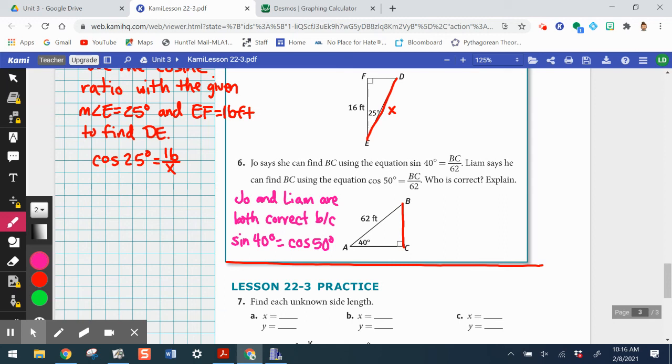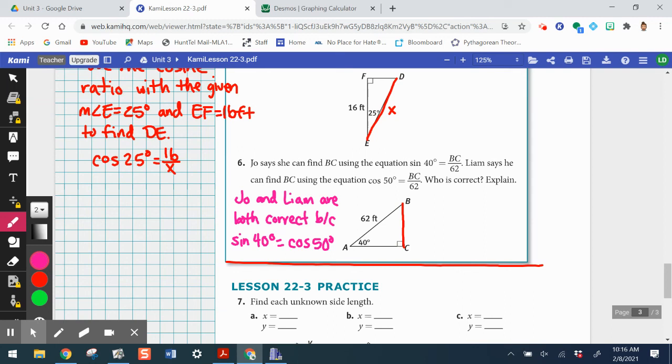Well, if you're asking yourself, where is the 50-degree angle? Hopefully you know now it's here at angle B, because if this angle is 40, this complement has to be 50. And so Liam says I can use the cosine of 50 because BC is the adjacent side to that 50-degree angle, and Liam is correct there. And AB is the hypotenuse to that angle. And again, Liam is correct there.